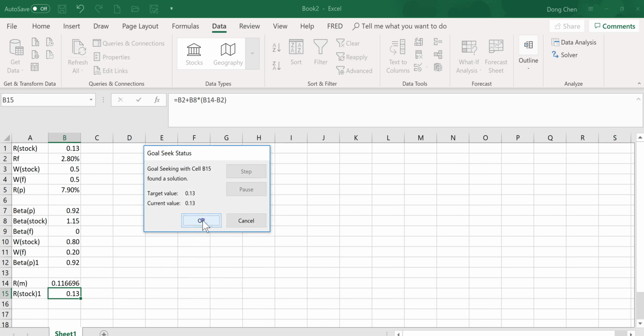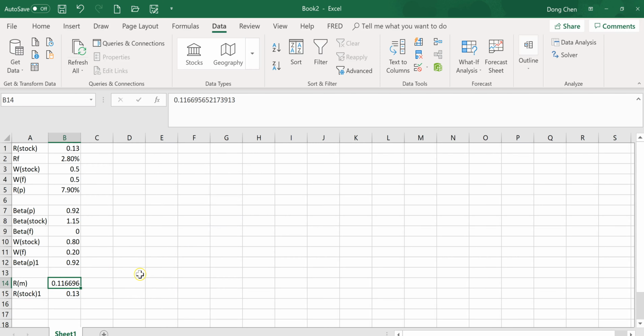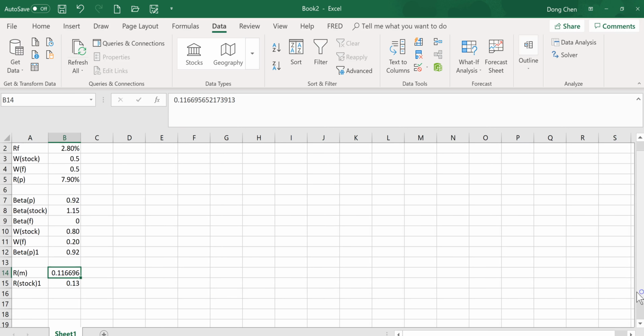So you see here I don't have to round. Excel automatically keeps a lot of decimal places. That's why I like Excel. It automatically meets the rounding requirement. So only when Rm equals 0.116696 is the expected return on the stock exactly equal to 13%.